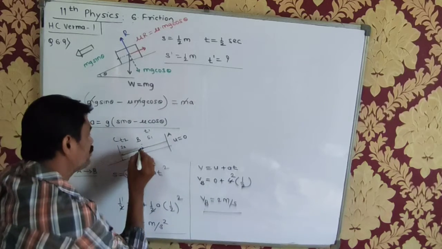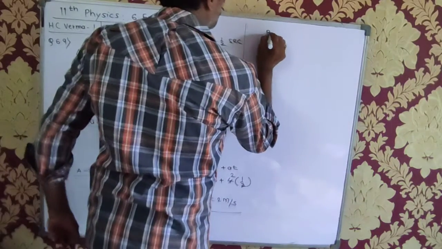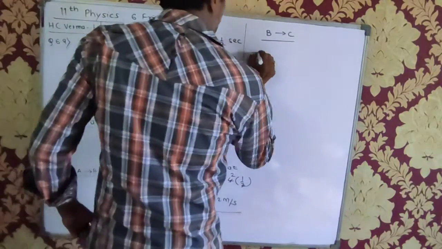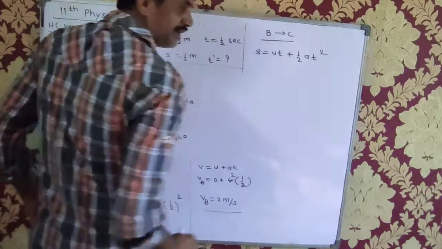Now I'll consider its motion from B to C. For the motion from B to C, S is equal to ut plus half at square.